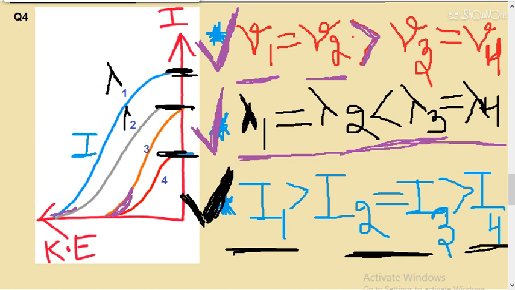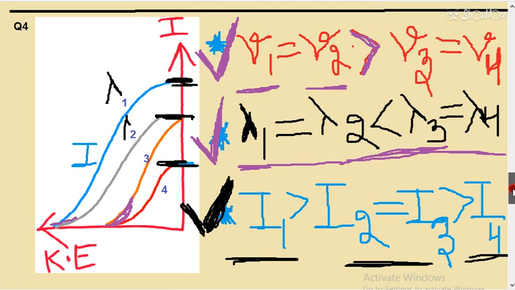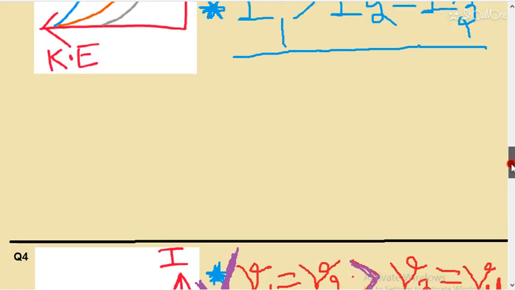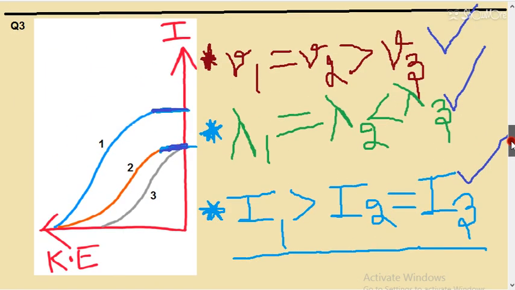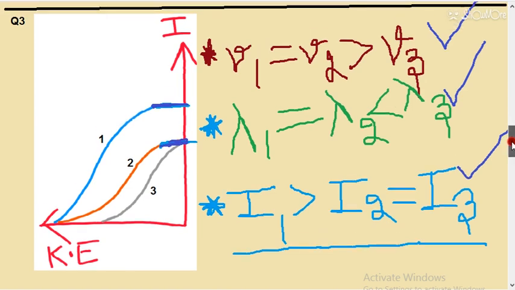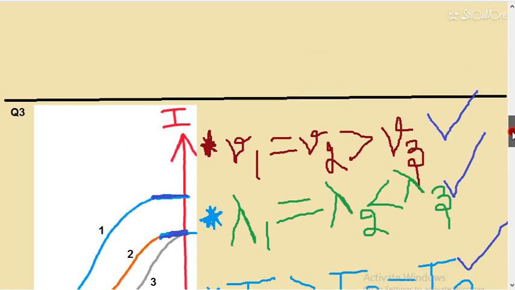And now I am scrolling the screen for the last time. Question number 4 is on screen. You can note down the solution: frequency relation, wavelength relation and intensity relation. Now I am moving to question number 3. The frequency relation is there, the wavelength relation is there and the intensity relation is there. Okay, now I am moving to question number 2.